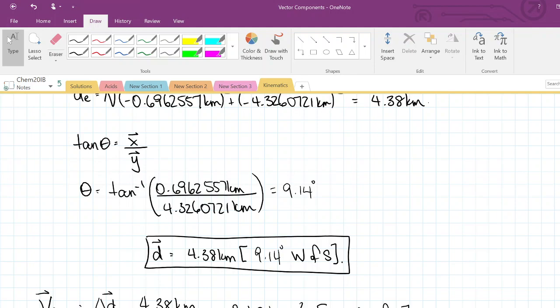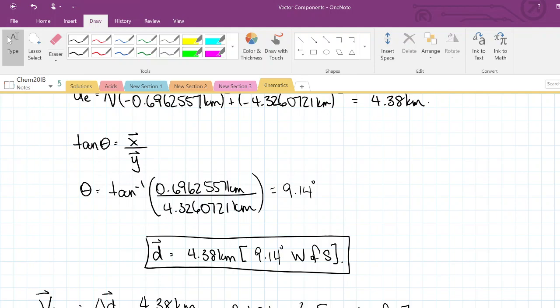You just want the magnitudes of those vectors. And that's a really small angle, which verifies what I was thinking, because I hadn't moved myself very far off of that southern axis. So the resultant vector is 4.38 kilometers at an angle of 9.14 degrees west of south.